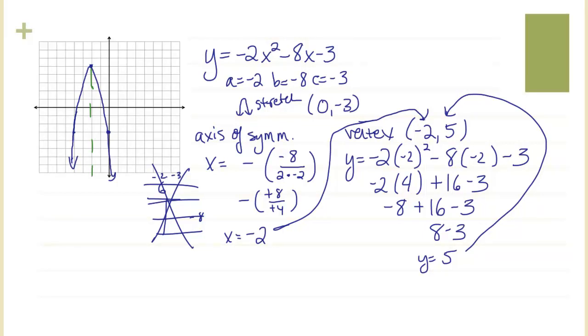And so our y-intercept we know for sure is 0, negative 3. Our vertex we know for sure is negative 2, 5. We know it's a maximum at positive 5 when x equals negative 2.